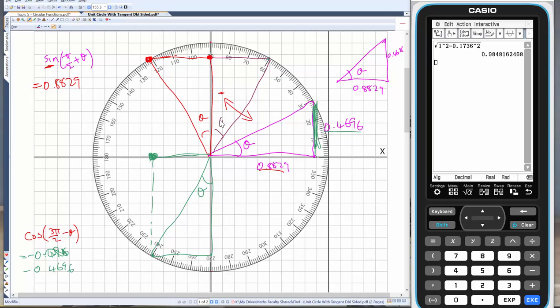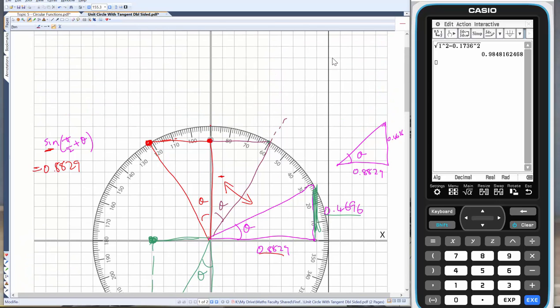All right, so there is theta. Okay, so what we need now is to work out where the tangent's going to hit, which is going to be up there somewhere. Let's extend this out. Somewhere up here. Now that is going to be 1, so I'm going to get a reasonably high tangent.